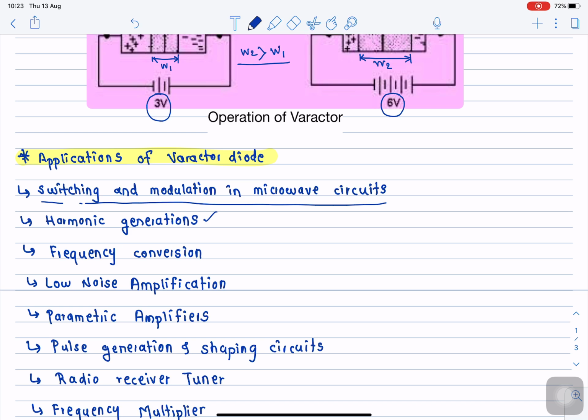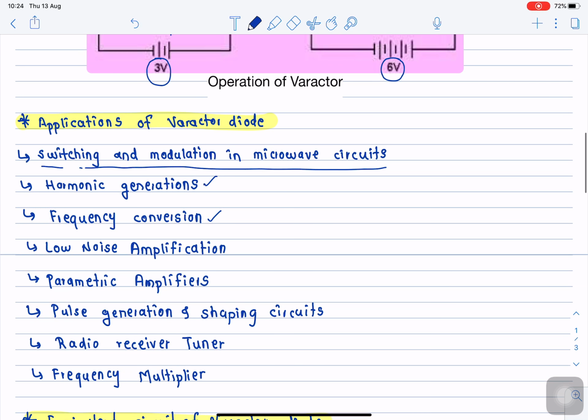These diodes can also be used for conversion of frequency in the mixing operation. These diodes can also be used for amplification, and especially, as we are going to see in detail, Varactor diodes are the basic building blocks of parametric amplifiers.